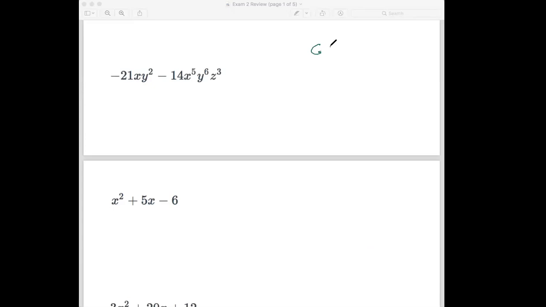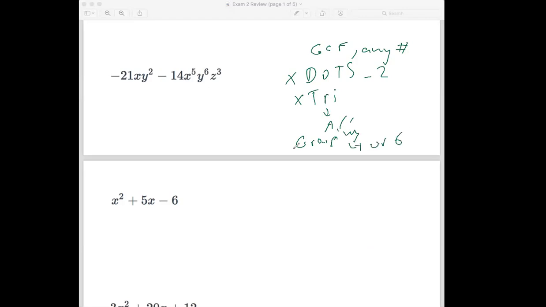Remember, GCF is any number of terms. Difference of two squares is 2 terms, but we just ruled that out. It's obviously not trinomial because there's only 2 terms, which means it can't be AC as well. And it's not going to be grouping because that is 4 or 6 terms.